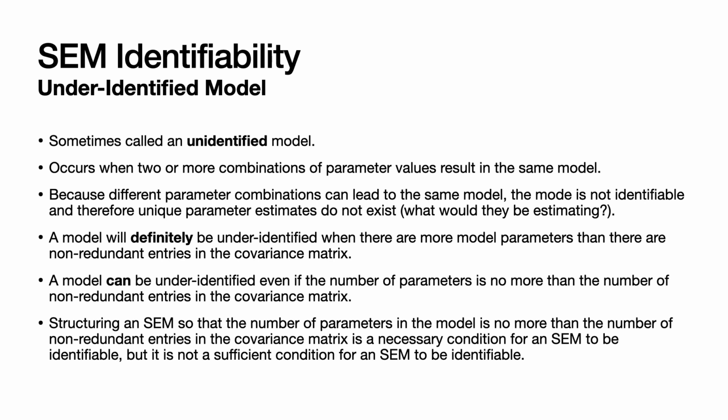Structuring an SEM so that the number of parameters in the model is no more than the number of non-redundant entries in the covariance matrix is therefore a necessary condition for an SEM to be identifiable, but it is not a sufficient condition for an SEM to be identifiable. And we're going to talk more about this in a subsequent lecture video.